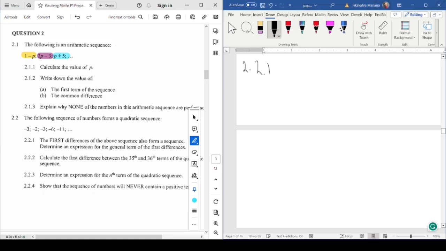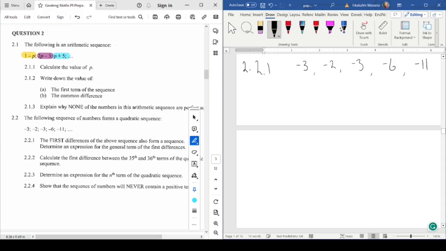Determine an expression for the general term of the first difference. Well, you have to understand the English here. Basically we have a sequence. This is the sequence: 3, minus 2, minus 3, minus 6 and minus 11.